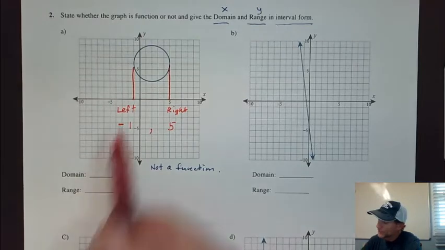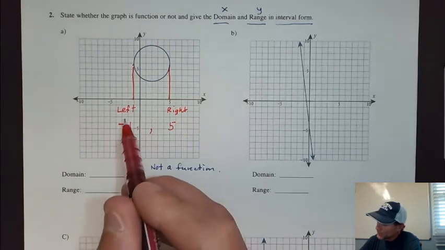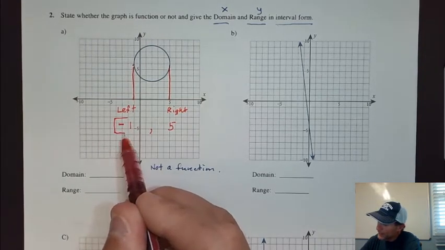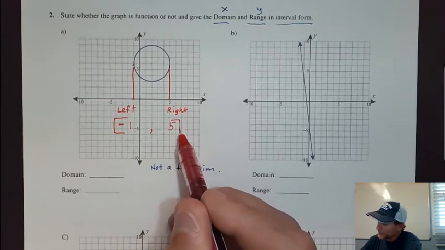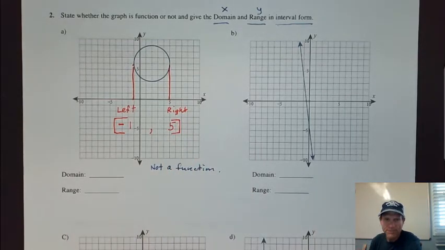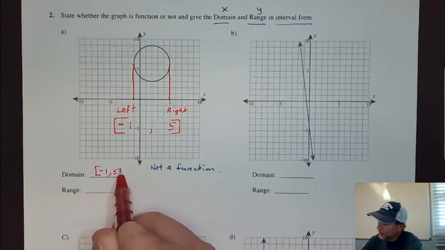Now if it hits, which this does, it comes and touches -1, we want to use this notation of a bracket to signify that it does touch -1. And the same thing is it touches 5, and so we'll use that bracket for interval notation. So the domain is [-1, 5].